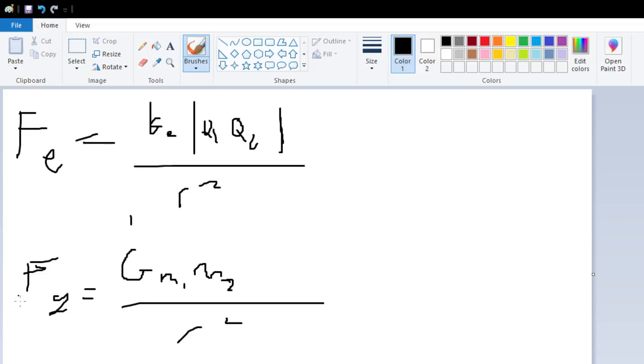The only difference between electrostatic force and force of gravity is that Q1 and Q2 have charges, so it can either be plus plus and they repel, minus minus and they repel, and then plus minus where they attract. And that's basically the learning objective for Big Idea 3.